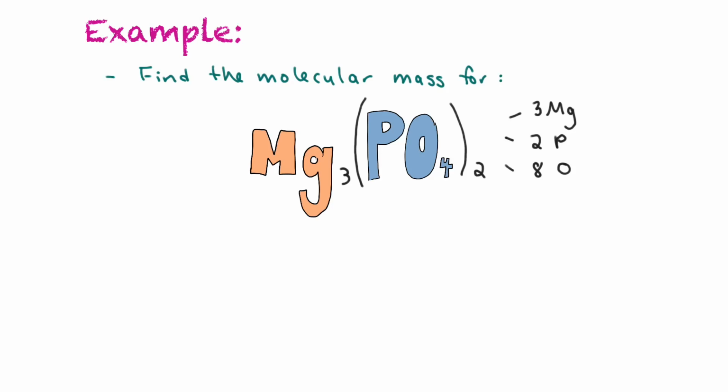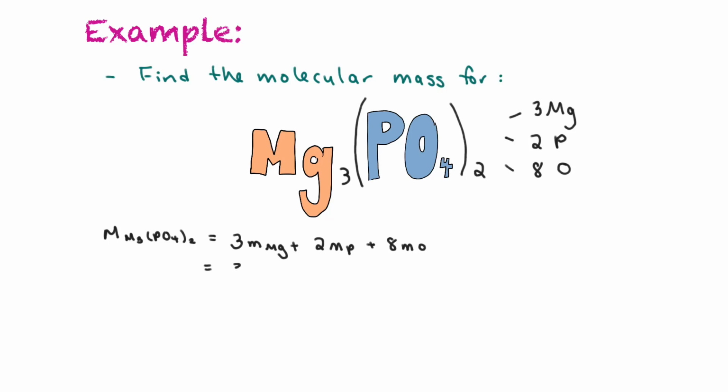So now let's solve for the molecular mass. We have the mass of magnesium phosphate equals 3 times the mass of magnesium plus 2 times the mass of phosphorus plus 8 times the mass of oxygen.